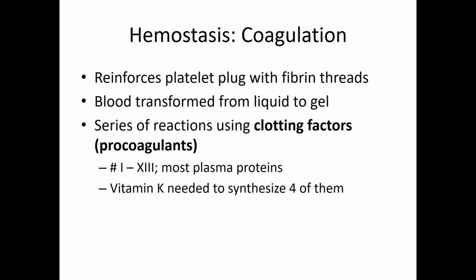Coagulation is going to be a little more stable over the long term. Okay? And what we're going to do is, through a fairly elaborate process, basically create a network of connective tissue fibers, okay, that are going to connect the broken margins of your wound. They're going to pull them closer together, okay?